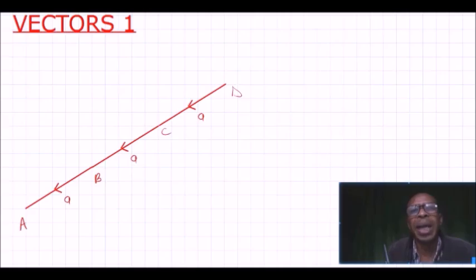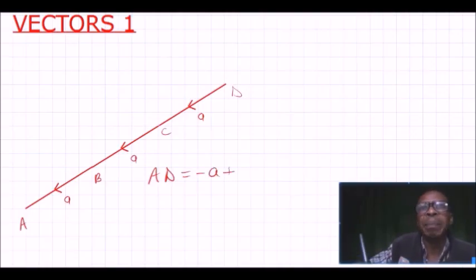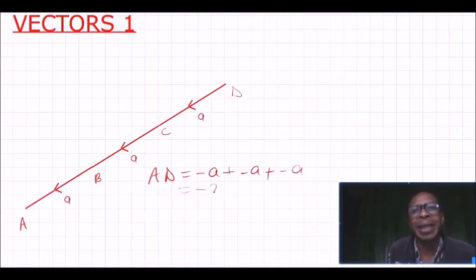So now AD is equal to minus A, because we are moving from A to D, plus minus A plus minus A, which is equal to minus 3A.